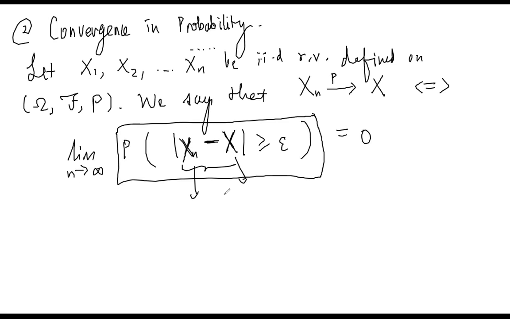This X can be some random variable, but it can also be a constant. So the probability that it escapes from this X by more than a certain amount epsilon diminishes to 0.